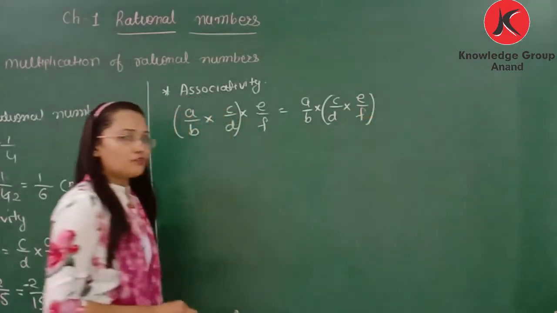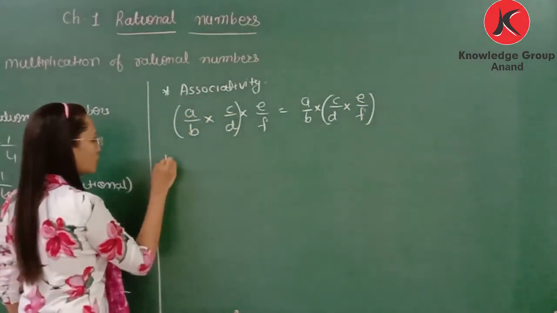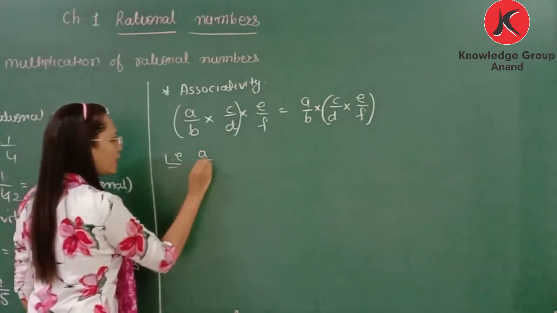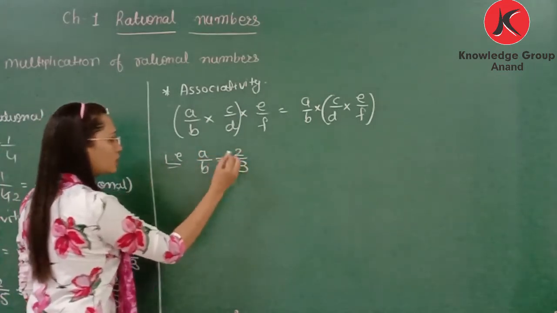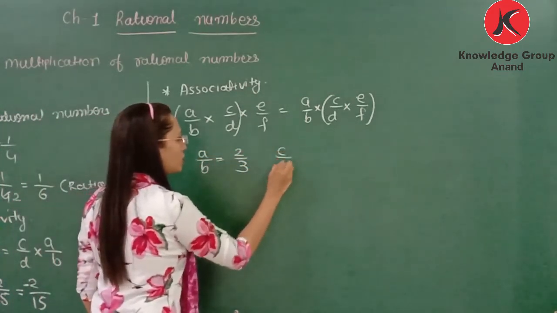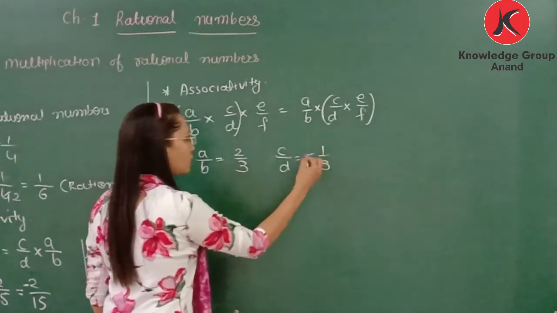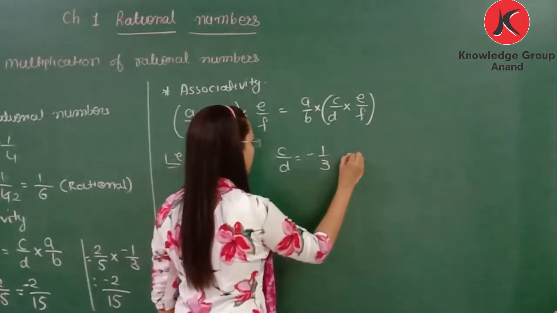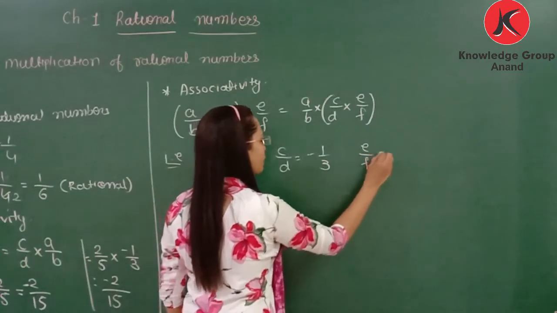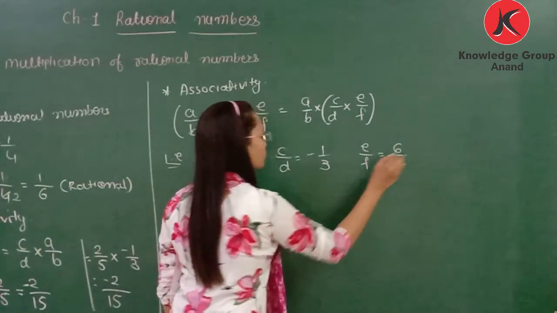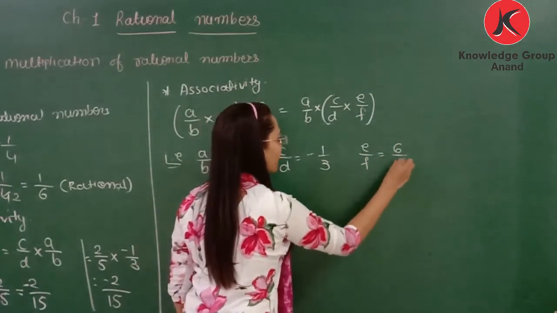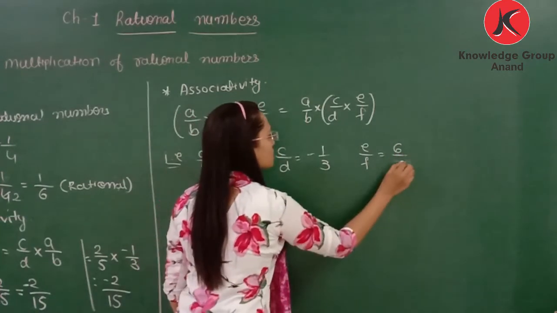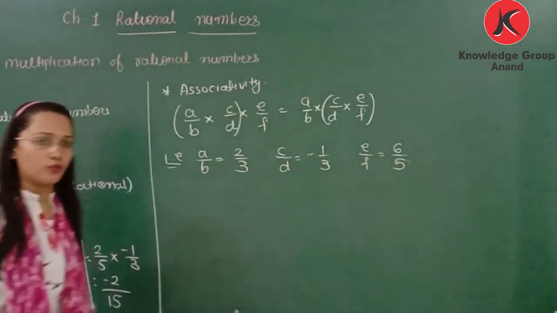So let's check with three rational numbers. For example, a by b is 2 by 3, c by d is minus 1 by 3, and e by f is 6 by 12. Sorry, it is 5. Let's consider it is 6 by 5.